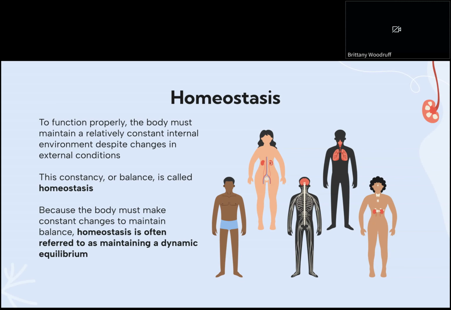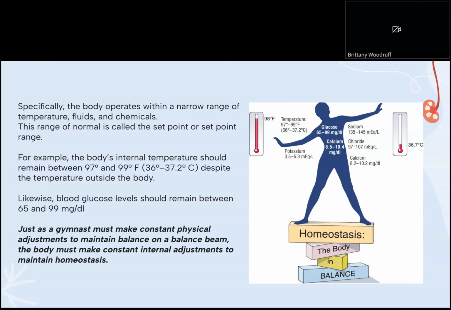Sometimes you're going to be a little above, sometimes a little below. So dynamic means change of equilibrium. You are staying around where you need to be. Basically, you want to be on a balance beam, you want to stay centered.